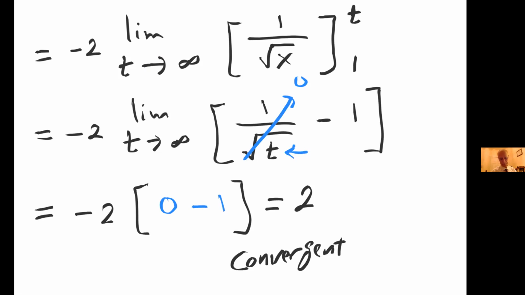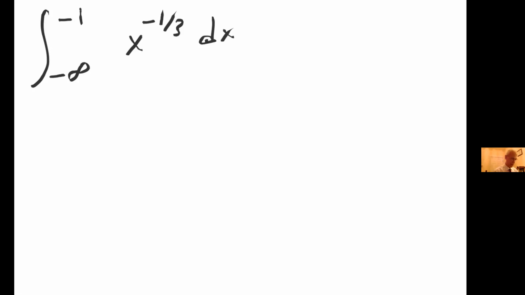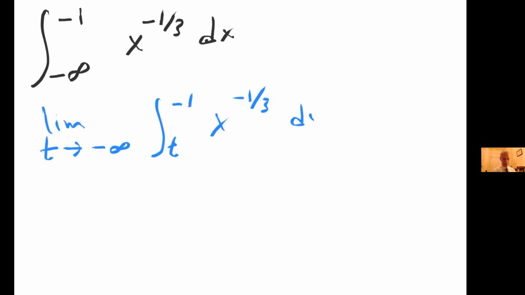Let's do another one. How about something like this, this time from negative infinity to negative 1, x to the negative 1/3 dx. So let's turn this into a limit problem. Limit as some t is approaching negative infinity from t to the negative 1, x to the negative 1/3 dx.